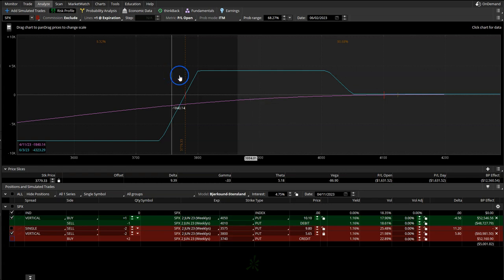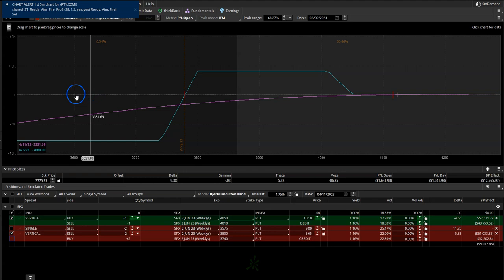Now the good thing here is because we have a put credit spread instead of just naked puts, right? To get to a $4,100 loss, we can give this trade way more room than we would with a naked put. So you can see that S&P can go to 3,600, and this trade will show a loss of about $3,600 or $3,700, which means that at this point we still don't need to stop out.